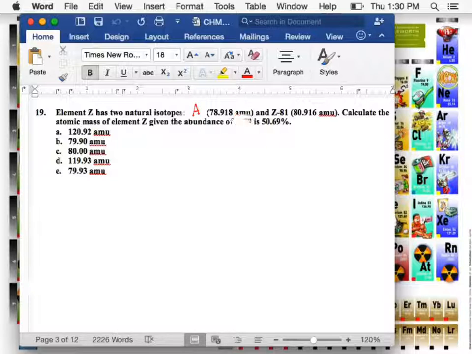Z79 has now become A. Z78 will become B. Okay? That can help me kind of whittle away some of the numbers that aren't useful and can help me see it. Okay? And it's just going for me personally. When we're looking at our atomic mass, the atomic mass is a weighted average.